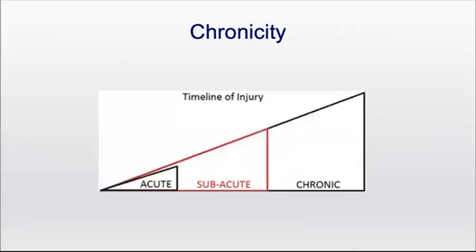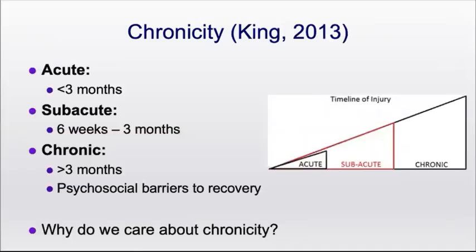Let's briefly chat about chronicity. Chronic and acute are complex words that often confuse people and make them a little bit nervous, but in reality, they just refer to a timeline. This is important for you to understand.